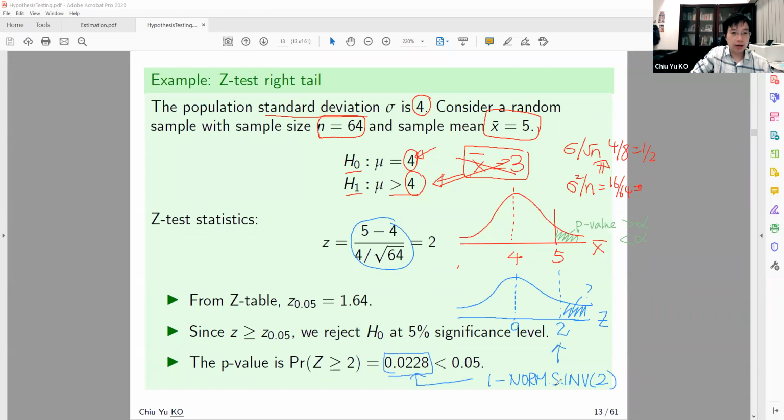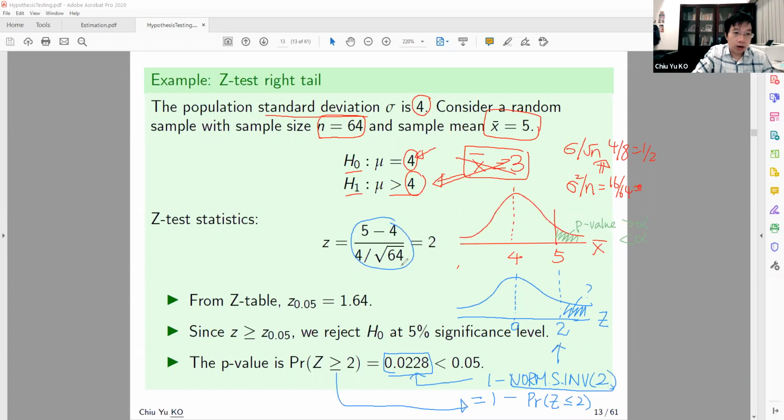Because this is the probability Z less than 2, and 1 minus that is equal to this. So you can see the area is much less than 0.5, okay? So this area is less than 0.05, so you would reject because it's so far away, using the 5% significance level.